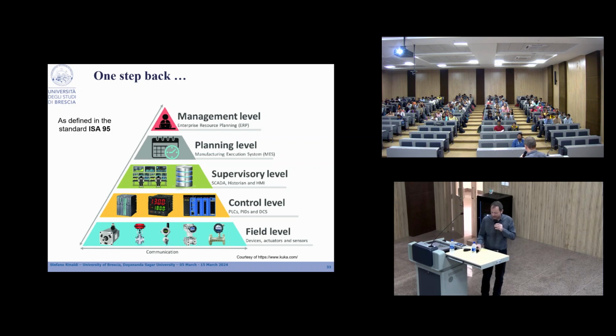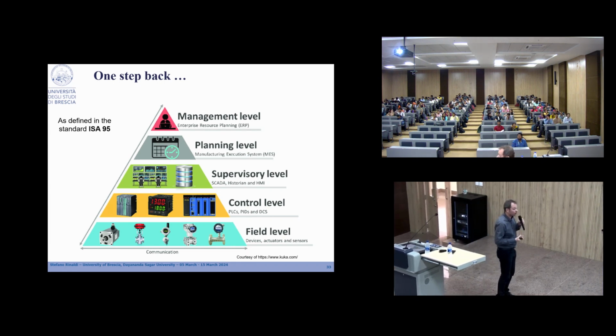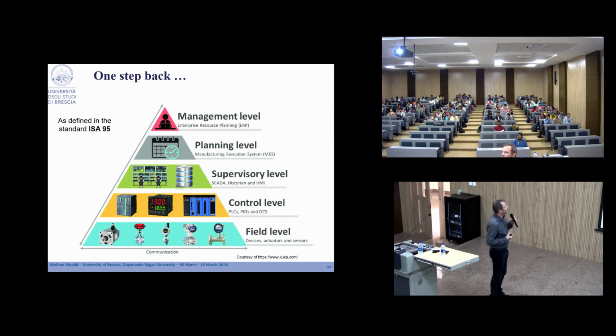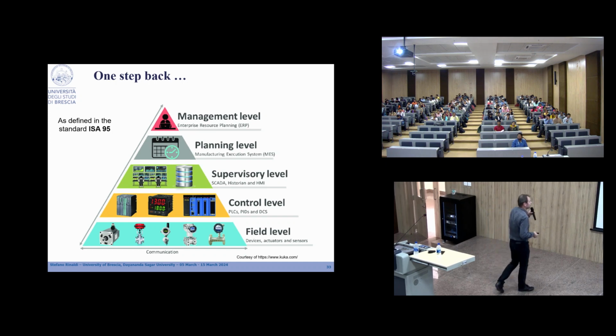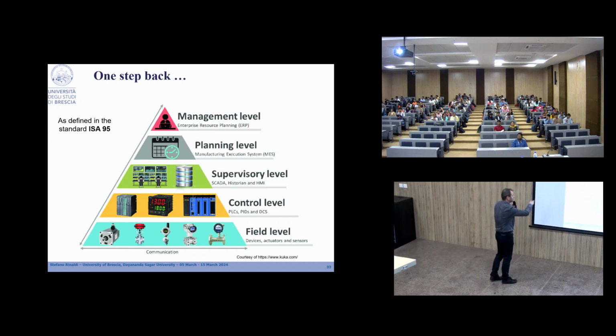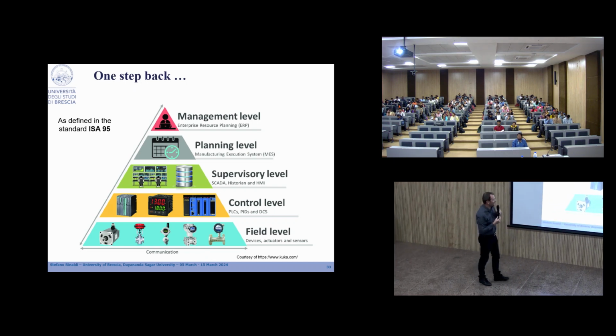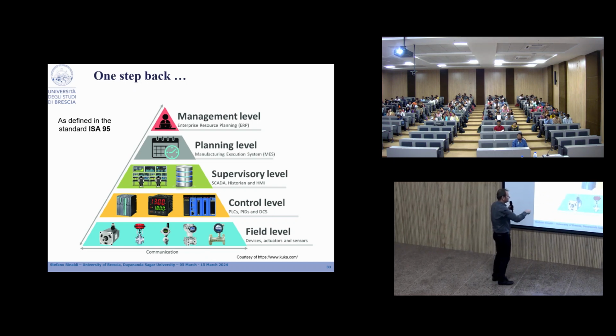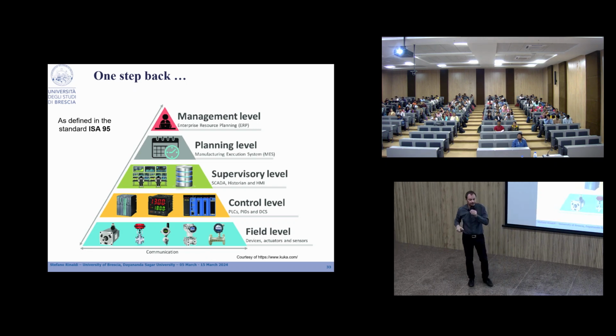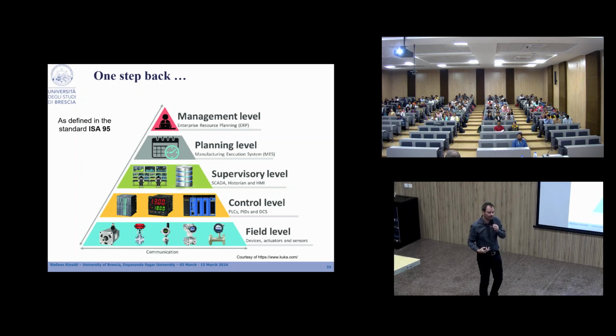One step back, in order to introduce the topic on which we are interested now, the communication, basically. In the industrial automation pyramid I showed you before, I told you that the different functionalities of the automation plant are organized in levels.